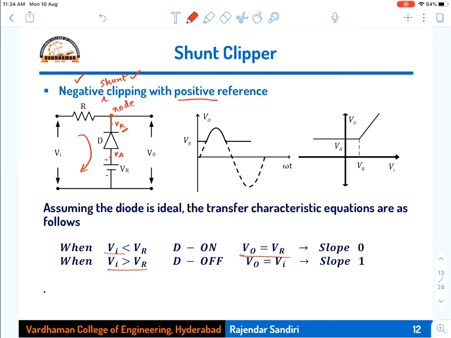For Vi greater than Vr, the diode is off and V naught is equal to Vi. In this case the slope is equal to 1, and in the other case the slope is equal to 0. Okay, so that is the transfer characteristic plot.